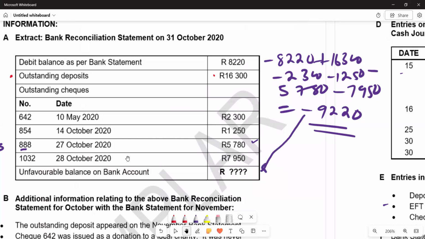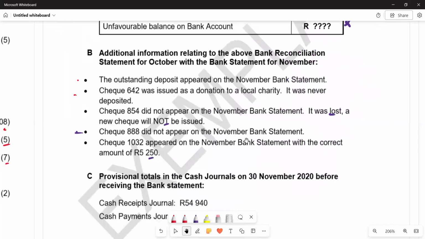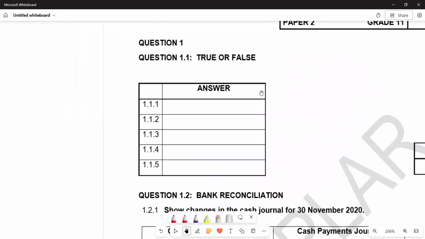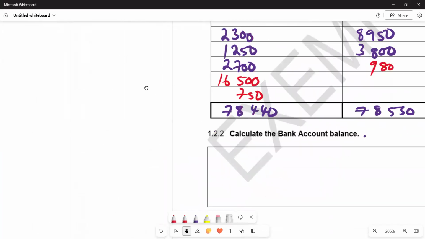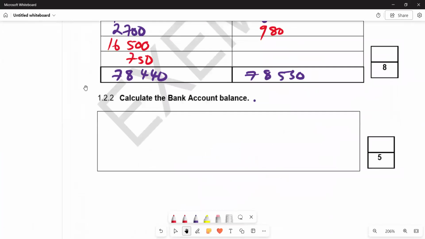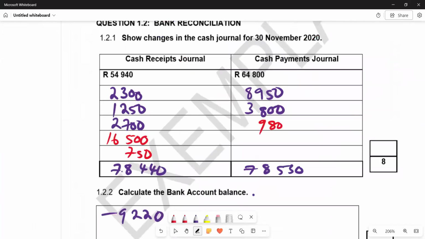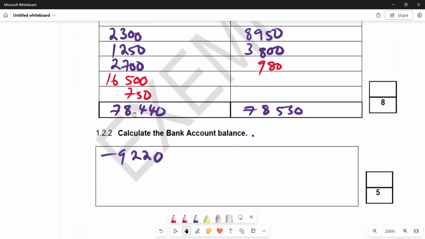So you start with that balance, and then you adjust with the totals that you get for cash receipts and cash payments. So we are saying negative 9,220. And remember, this is the one for cash receipts, so obviously it's a positive. So we add 78,440, then we subtract 78,530. So here we are saying for receipts, it should be a positive 78,440.